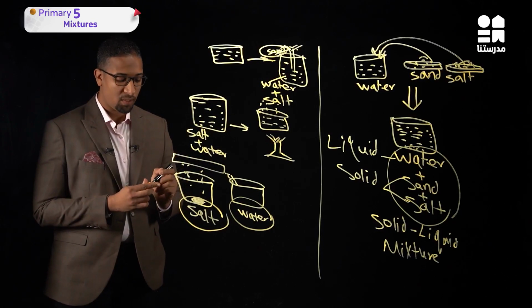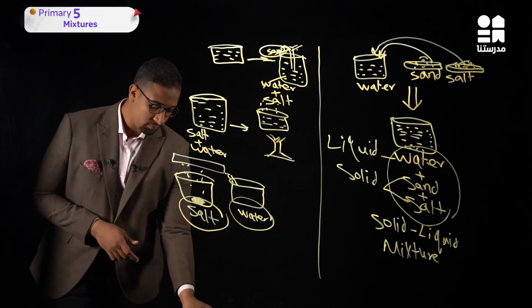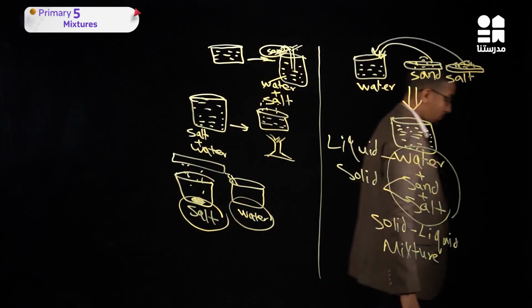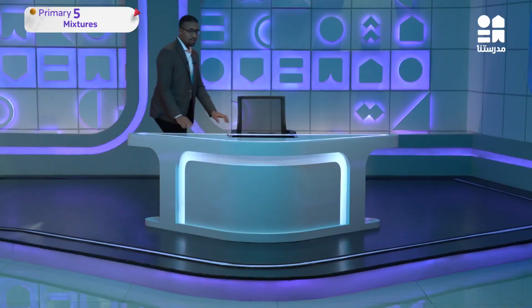So let's continue our lesson. Let's continue and know how we can separate another type of mixture. So the next activity, we will separate a liquid-liquid mixture by a separating funnel.